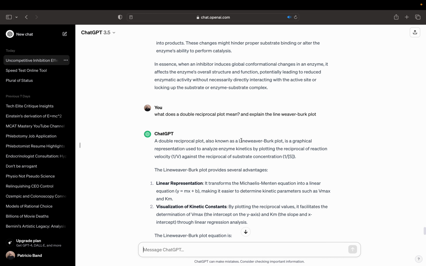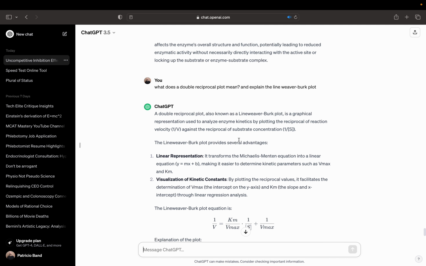Double reciprocal plot is these guys who created it. It is a graphical representation used to analyze enzyme kinetics by plotting the reciprocal of reaction velocity against the reciprocal of substrate concentration. Oh, so reciprocal is 1 over whatever we are measuring, right?